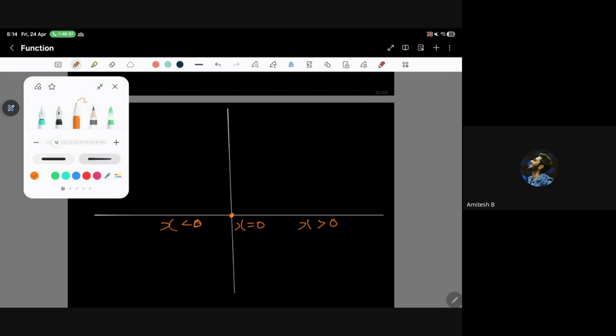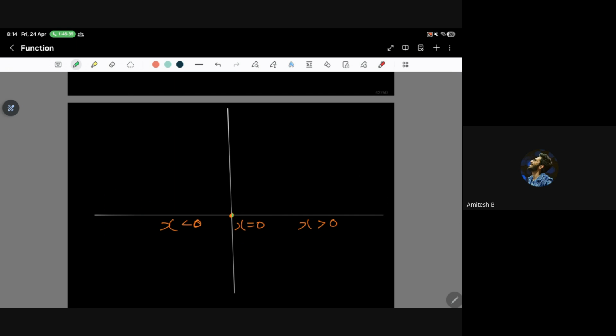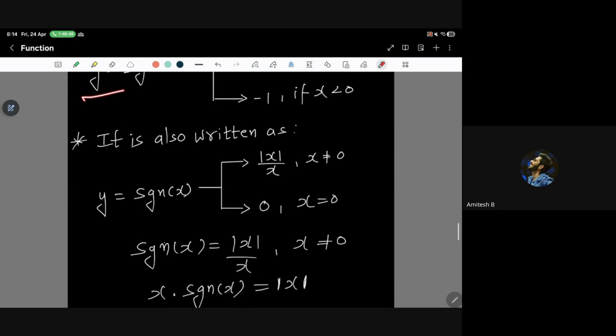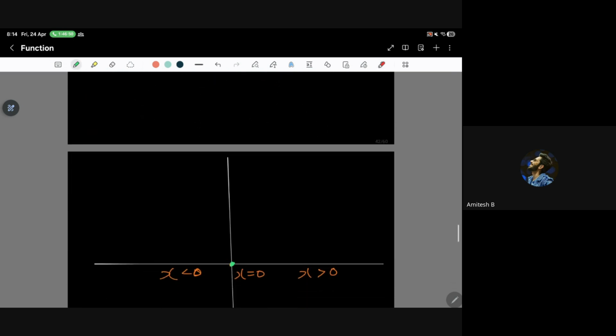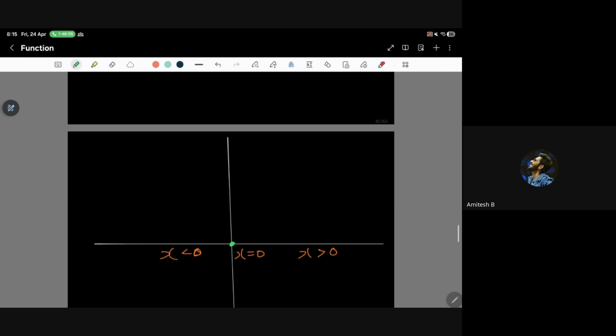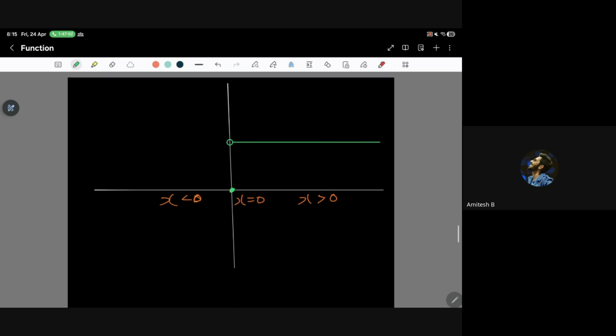When x is 0, the signum function will give you 0. When x is positive, signum will always give you 1. So your y is equal to 1, so you will draw a line y equal to 1. When x is a negative quantity, signum will give you negative 1. So you will draw y equal to minus 1.